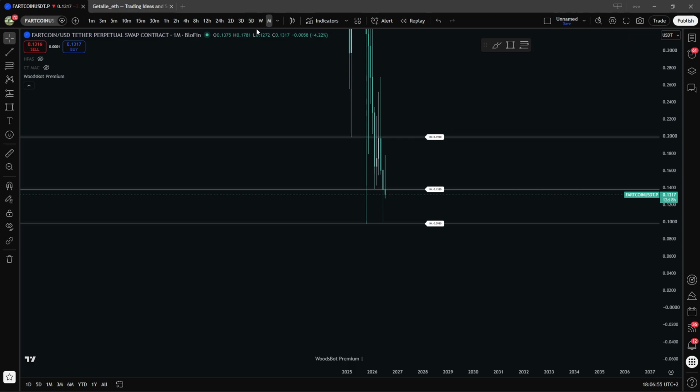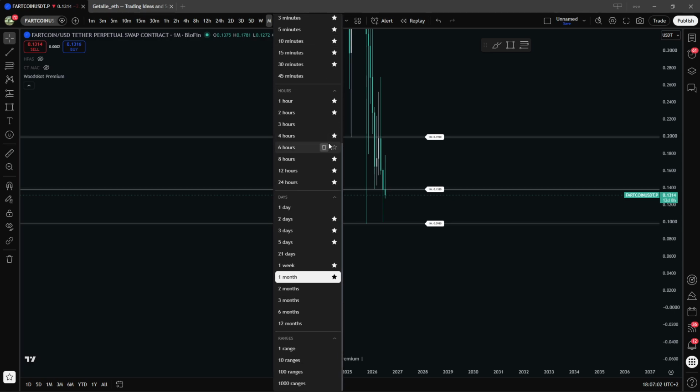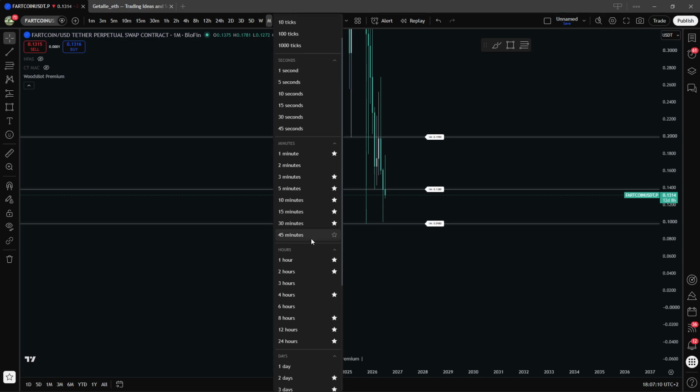Basically, you can have any time frame you really want. If you press down on the drop-down menu, you can see there's lots of time frames, and you can create custom time frames as well, right? I used to trade the 55 minute time frame back in the day.